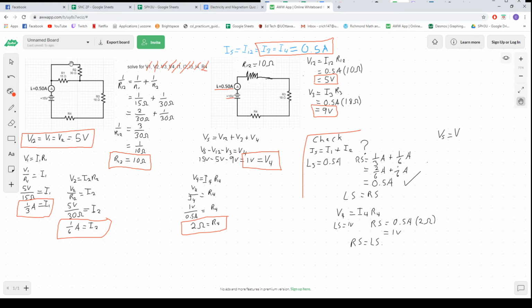We could check through this V1 path, or we could check through this V2 path. So let's check through V1. V1 plus V3 plus V4. So left side is equal to Vs, which is just 15 volts.